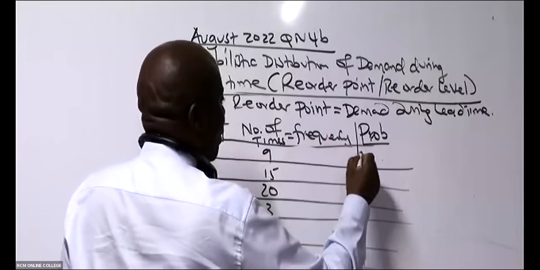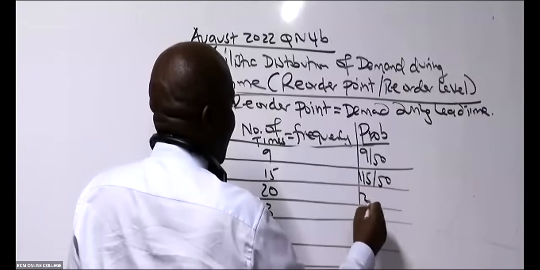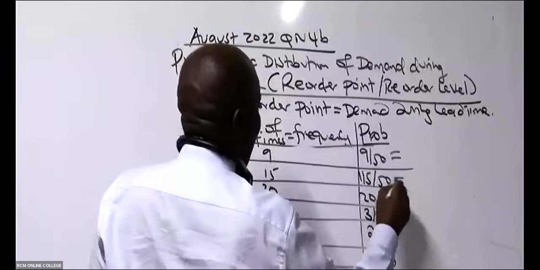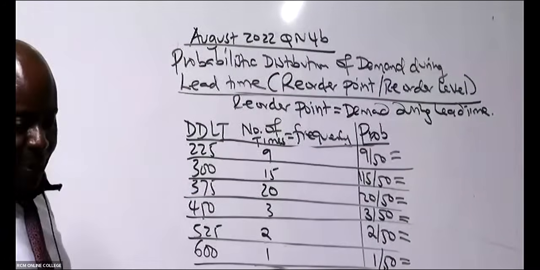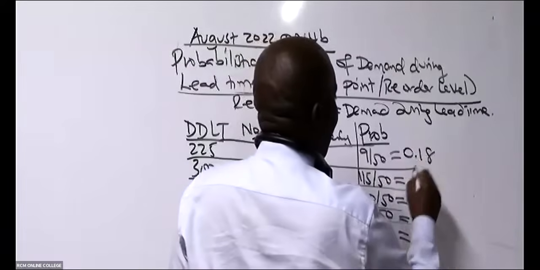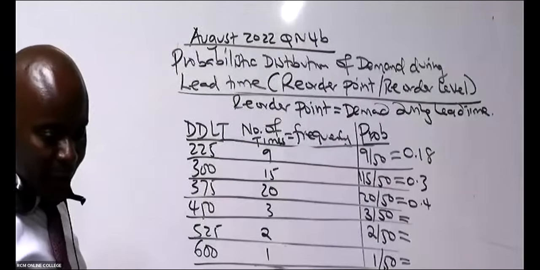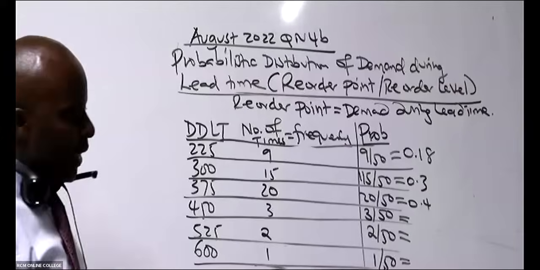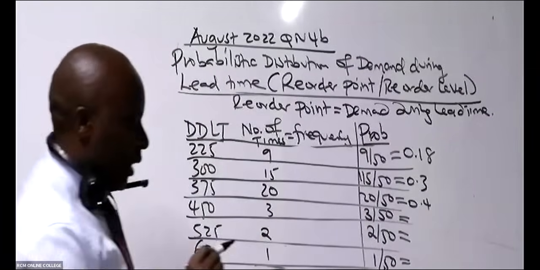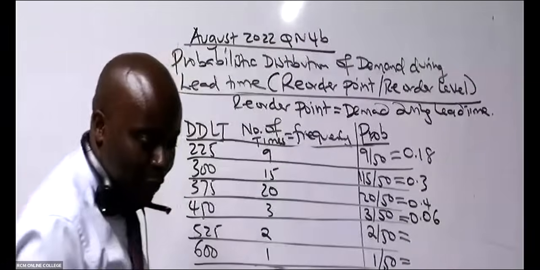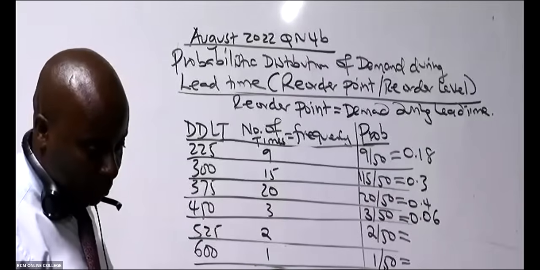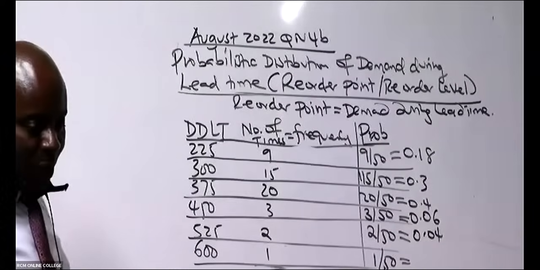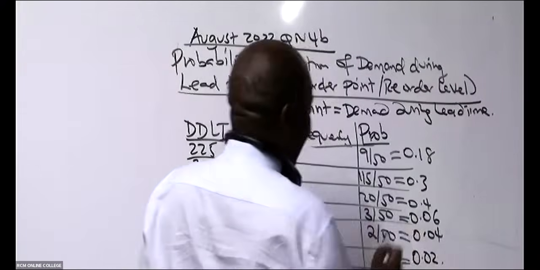So this will be 9 over 50, 15 over 50, 20 over 50, 3 over 50, 2 over 50, 1 over 50, which will end up giving us 0.18, 0.3, 0.4, 0.06. 2 over 50 will be 0.04, and then lastly 1 over 50, 0.02.